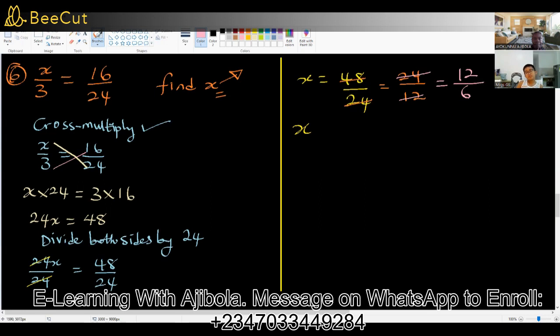Also, if you divide this by 2, you have 3. If you divide it by 2, you have 6. And what is 6 divided by 3? That is 3 here, 1. 3 here, 2. Your answer is 2 over 1, which is 2. So x is equal to 2.